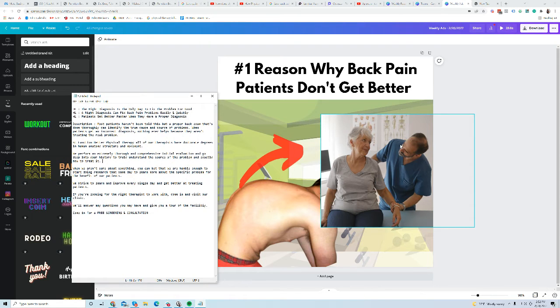However, if you grab their attention for that split second, now you can introduce your headline right here. So if the person that is watching the ad or scrolling through Facebook has back pain, and for a split second you have their attention and they see the headline, now they're going to pay attention and maybe read your ad.